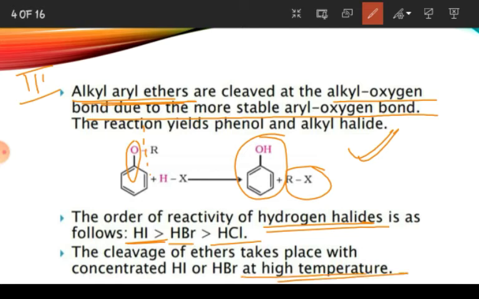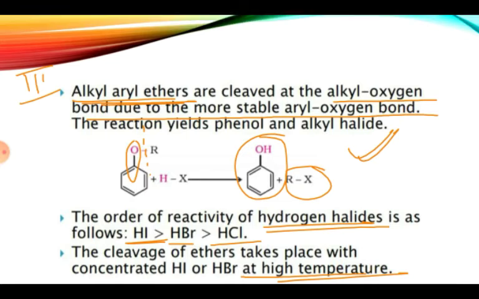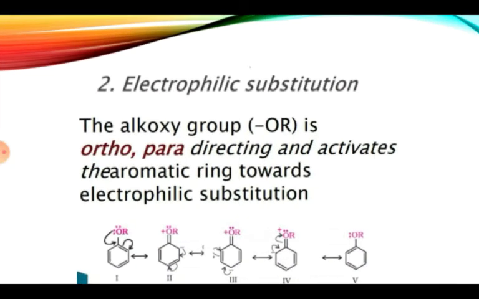Temperature also you need to remember. So this was your first type of reaction, cleavage of the C-O bond in ether. Now let's move on. The second category of reaction is electrophilic substitution reaction.